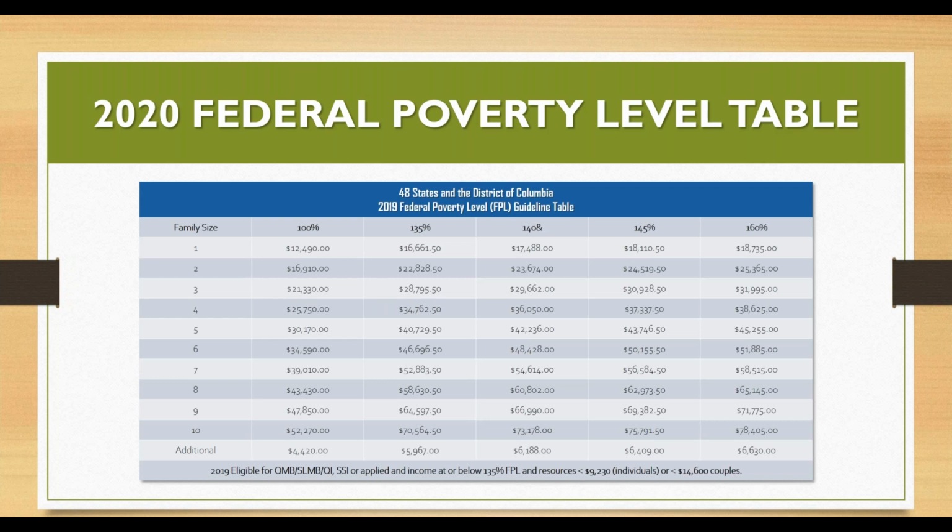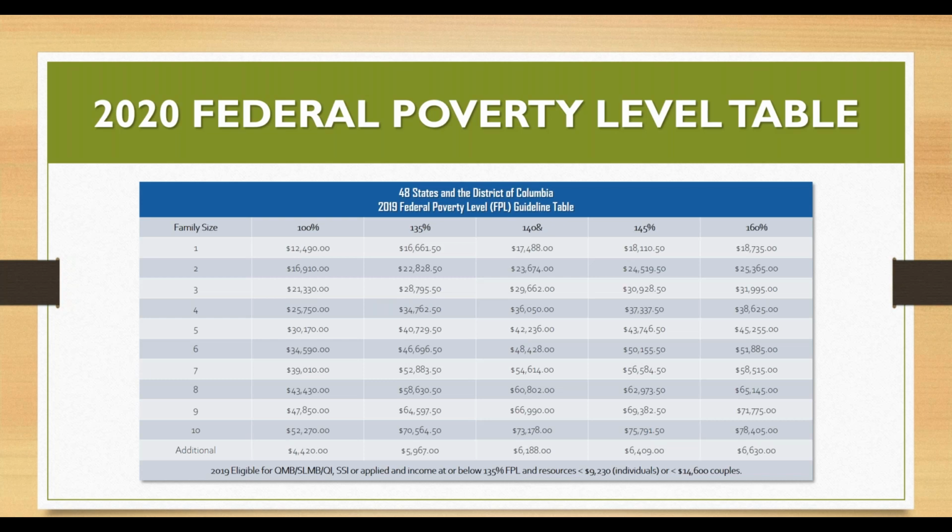And you'd be surprised by the number of seniors raising grandchildren or who still have children at home. So that family size along with income can really make a difference. Now you notice that this is only for the 48 states and the District of Columbia. For those who are operating in Hawaii or Alaska, there's a separate chart. But if you're operating there, you probably already know that.